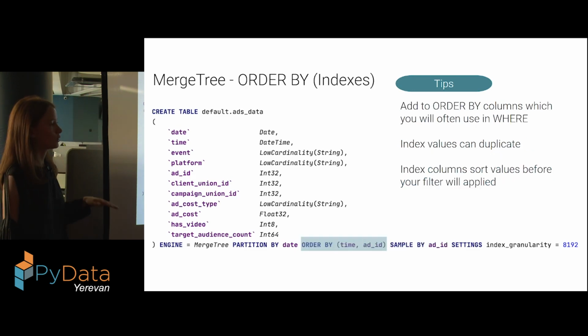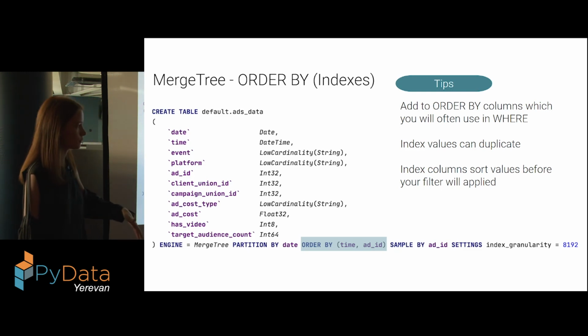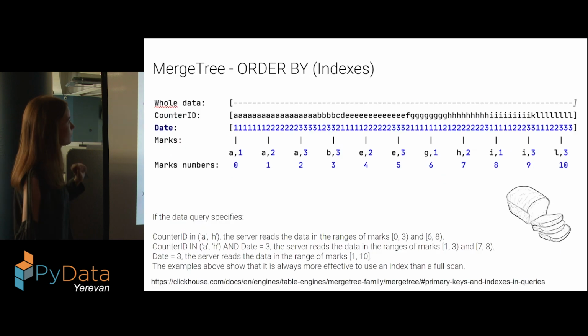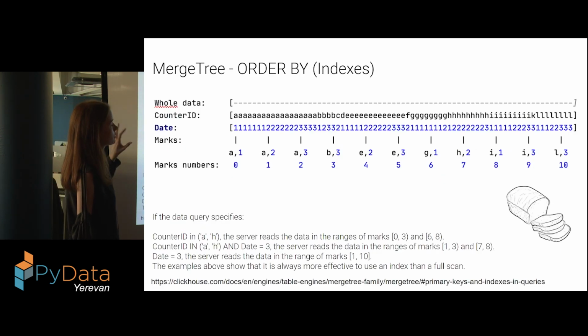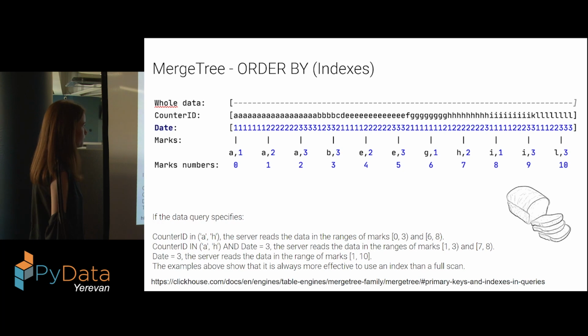Also, when you apply filters in your where query, the index that you specified in order by will sort all your data before applying filtering. And that's how it looks inside. As ClickHouse doesn't have any primary key or indexes, but it has order by indexes, it has such a word as marks.